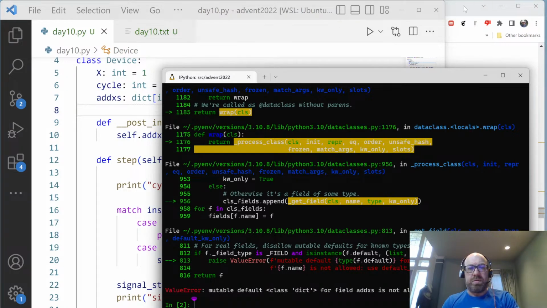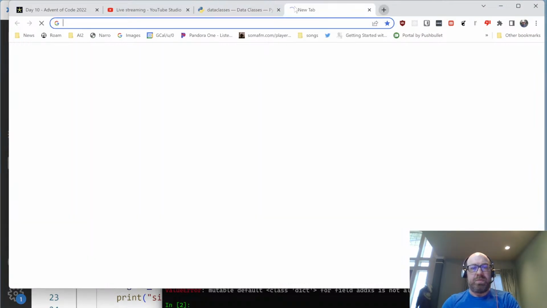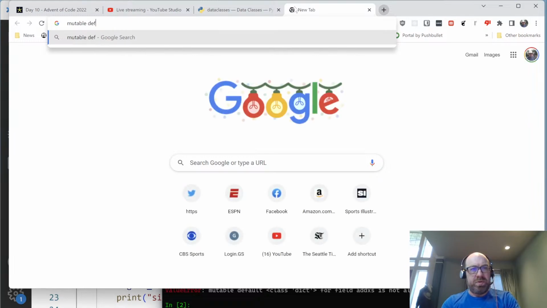Mutable default. I get why it doesn't want me to use a mutable default, but what I don't really get is why I'm not allowed to use it. Use default factory.